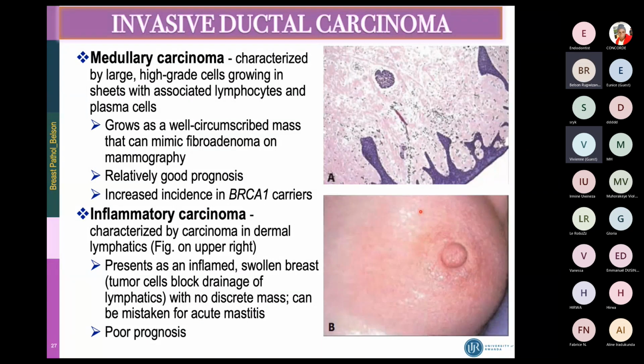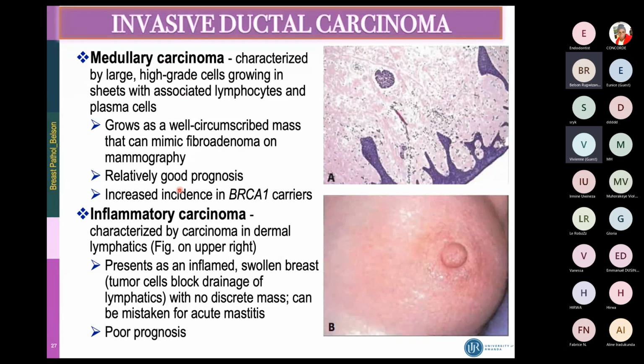So other types are medullary carcinoma, characterized by large high-grade cells growing in sheets and associated lymphocytes and plasma cells. So ntabwo ari nyinshi medullary carcinoma, gusa amaseri zigize asa naho ari neuroendocrine cells.